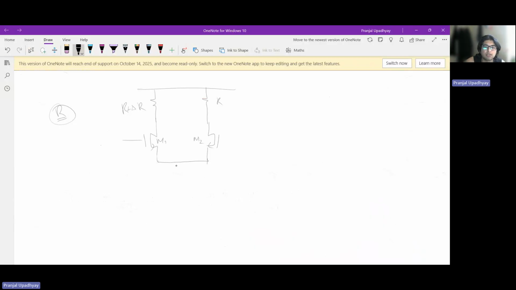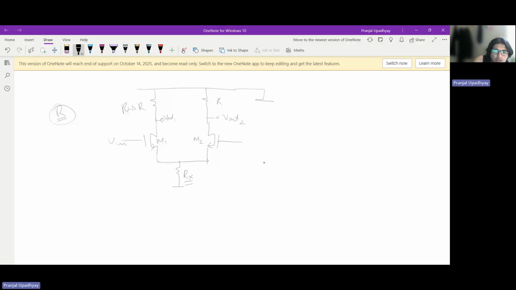To keep things simple, whatever degeneration resistor we applied here, we have ultimately merged it with the tail current source's resistance. And this is the incremental model, because here we are trying to see what the gain at the output is because of this mismatch, due to the common mode signal.